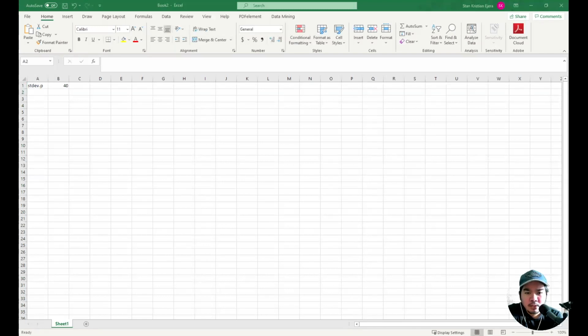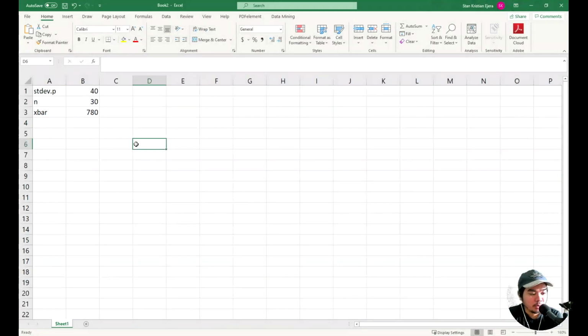Tapos, from a sample of 30, meron daw tayong average na, so n becomes here 30, tapos yung x bar natin is equal to 780 hours daw. Okay? This is 780 hours. Okay, and let me just zoom in for you guys. Okay, so meron tayong standard deviation and 780.